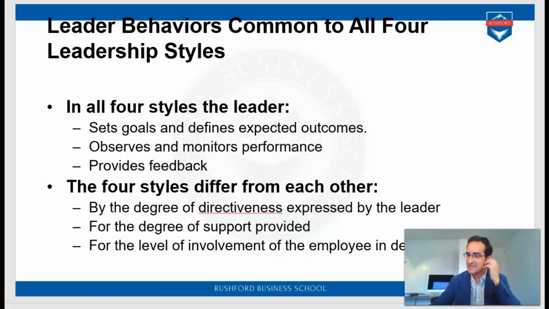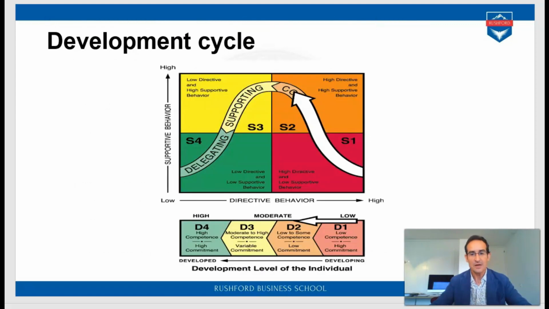But again, this flexibility pushes you towards the adaptation of your style of leadership according to their status. So we are talking about this development cycle here, where of course we could expect from a person to start from here, to develop from here, to continue across this other quadrant, and to become finally an expert.